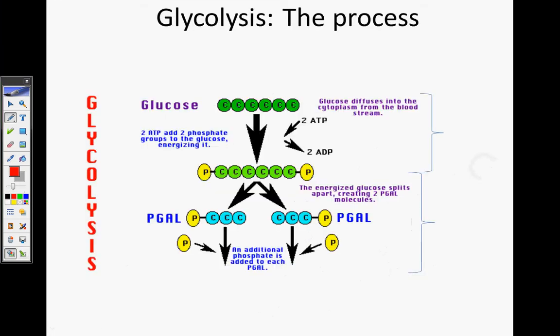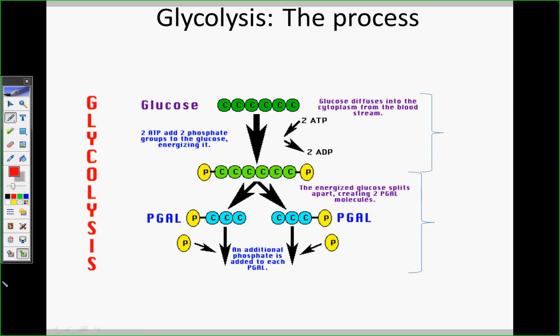Okay, so we got the glycolysis. So glucose, we think of what shape when we think of glucose? Glucose equals sugar. Okay. So let's just do that. Something like that. That wasn't good.